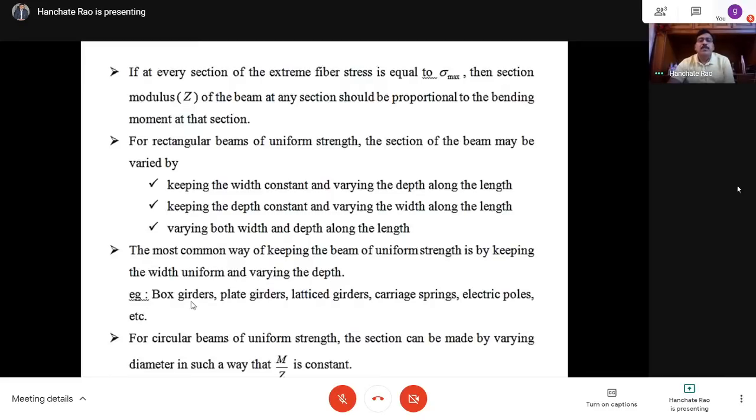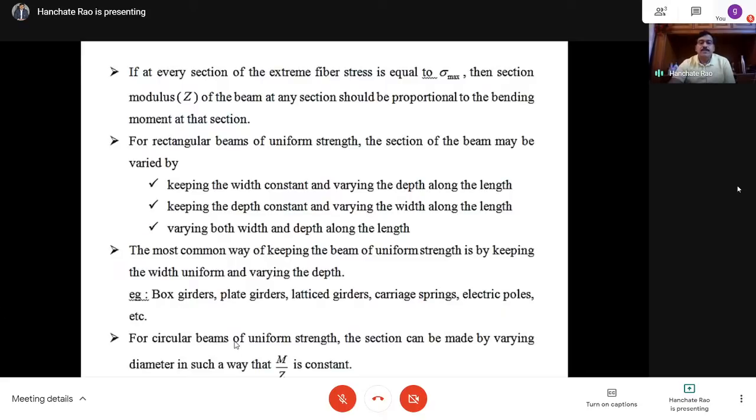The most popular examples are box girders, plate girders, latticed girders, carriage springs, or even electrical poles, where the depth is varied and the width is kept uniform to obtain a beam of uniform strength.